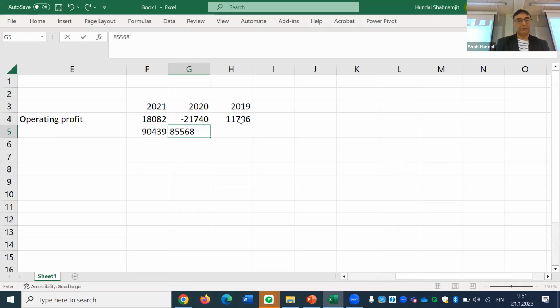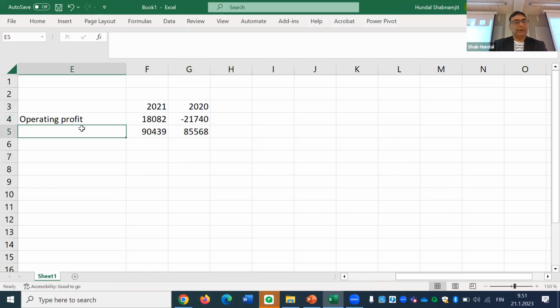So let's not take 2019 then, because I have to go to another report, and let's call it total equity. Total equity, all right, or net worth or net assets. And here now we can calculate operating return on equity.